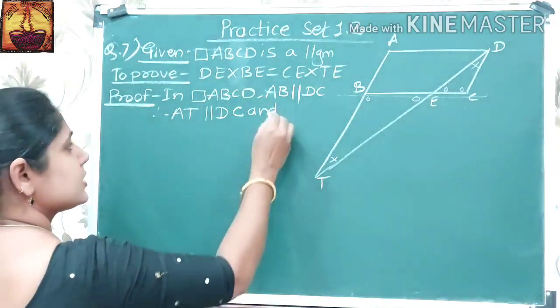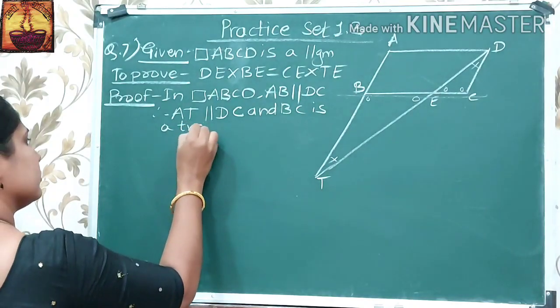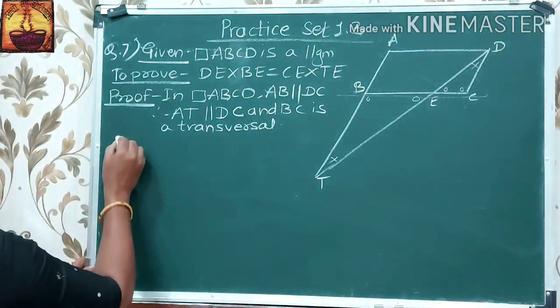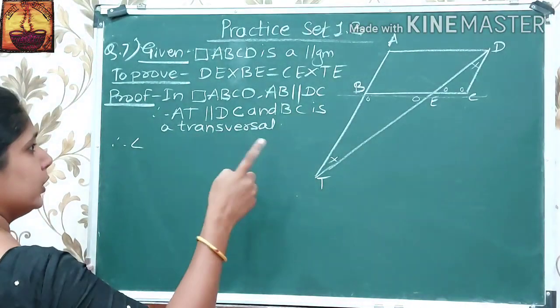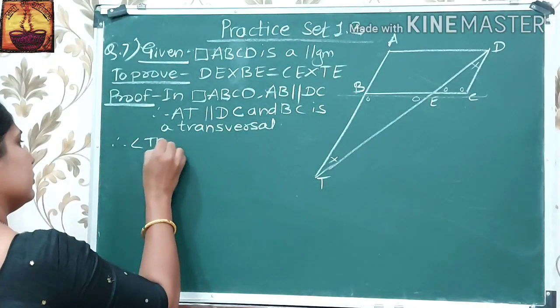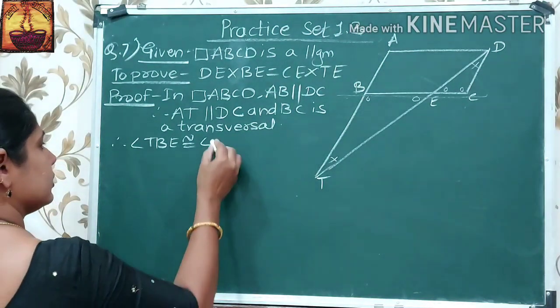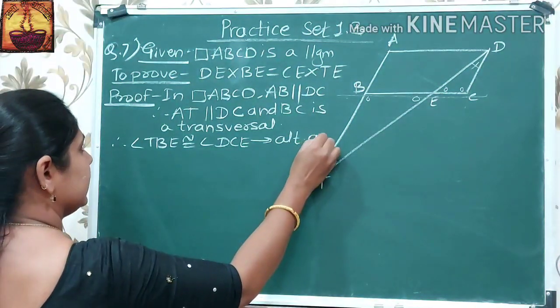And BC is transversal. Therefore, angle TBE is congruent to angle DCE. These are the alternate angles.